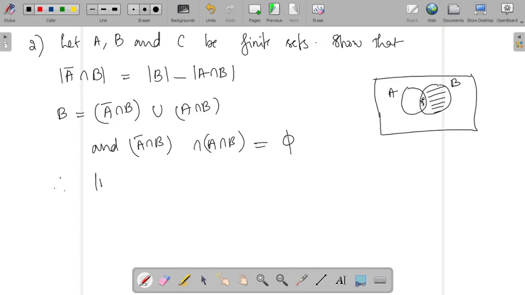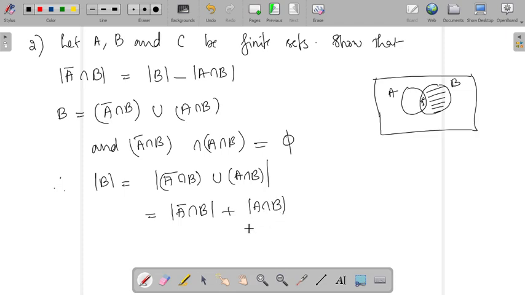So therefore, by the basic addition principle, the cardinality of B will be equal to the cardinality of A complement intersection B union A intersection B. So that will be equal to A complement intersection B plus A intersection B. So hence we will get the required result. So the cardinality of A complement intersection B will be equal to the cardinality of B minus the cardinality of A intersection B.